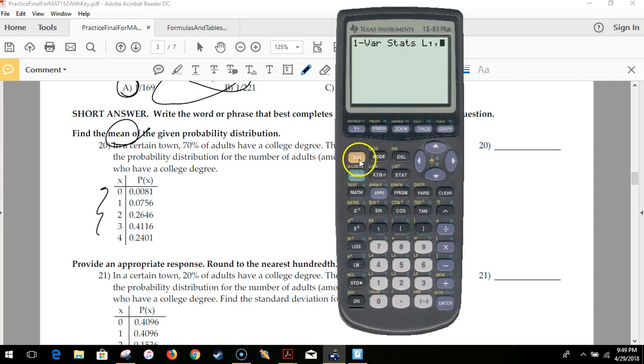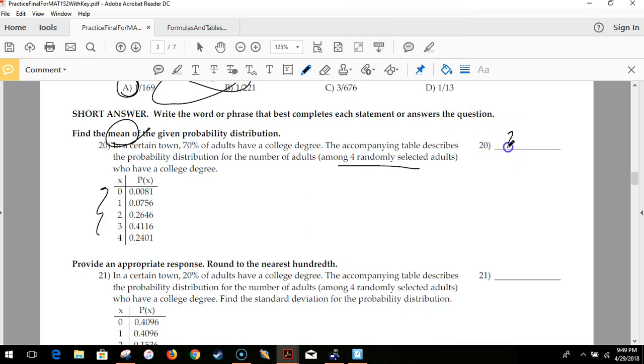Old calculator, you need to hit comma and then second L2. The newer calculators where it says frequency, you have to put in L2. And once you link it, you'll be able to get your X bar, 2.86.